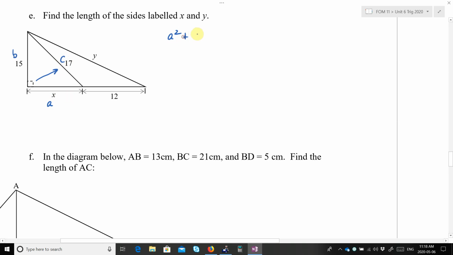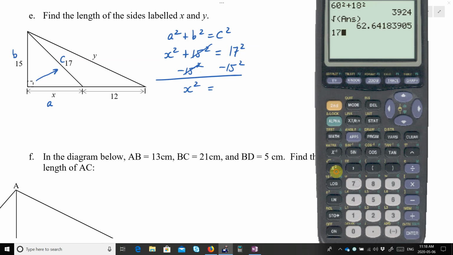Pythagorean theorem is A squared plus B squared equals C squared. A is X, B is 15, C is 17. Subtract 15 squared from both sides. And so we get X squared equals 17 squared minus 15 squared, bang, 64.